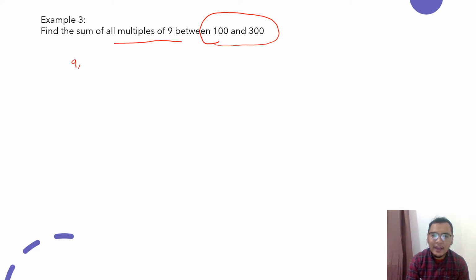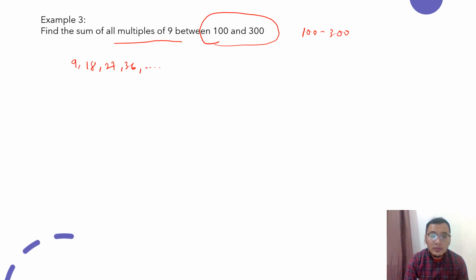9, we have 9, 18, 27, 36, and many more. But for this question, the question asks us, find the multiples of 9 between 100 and 300. 100 until 300. What is the multiples of 9 between 100 and 300?